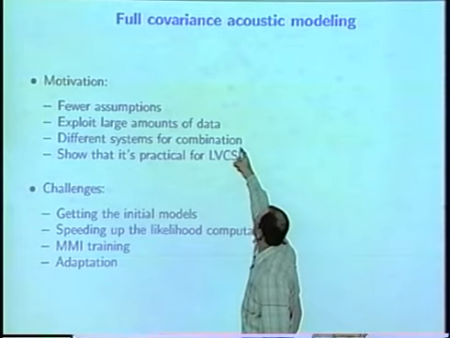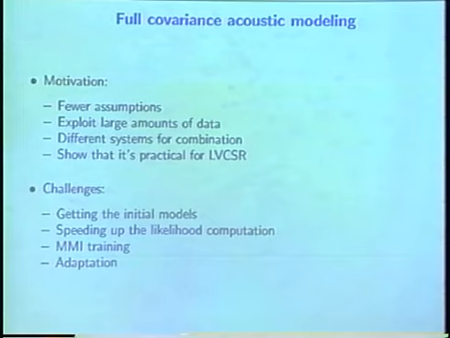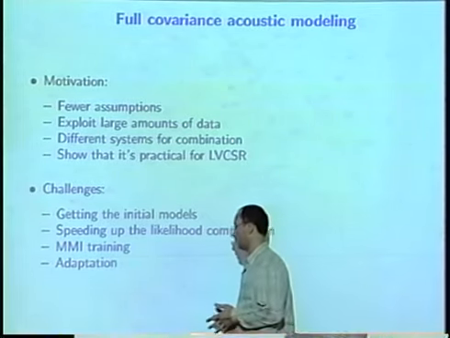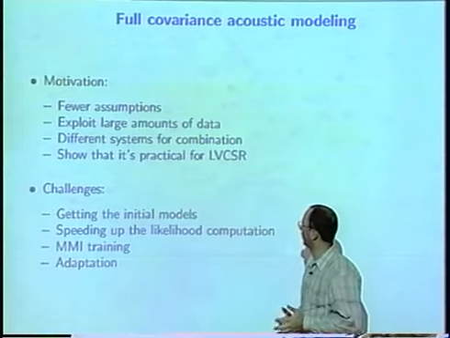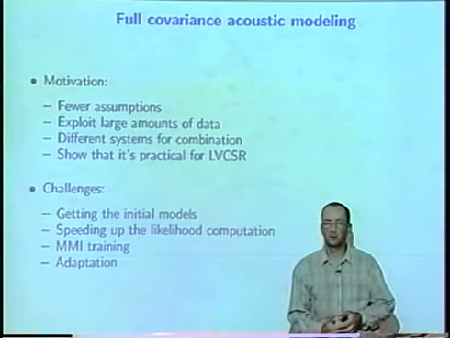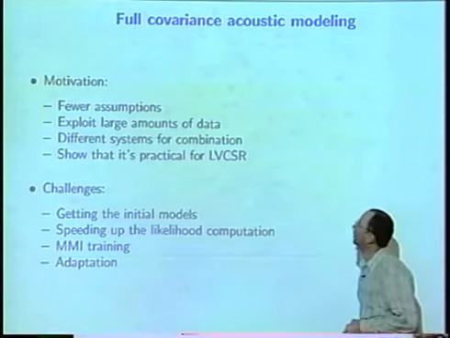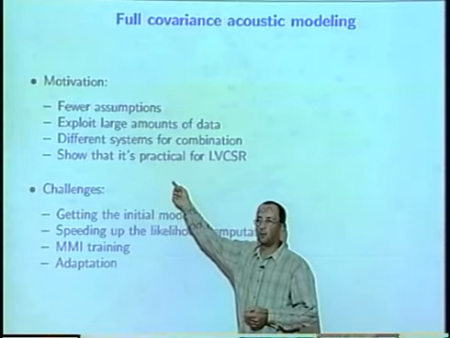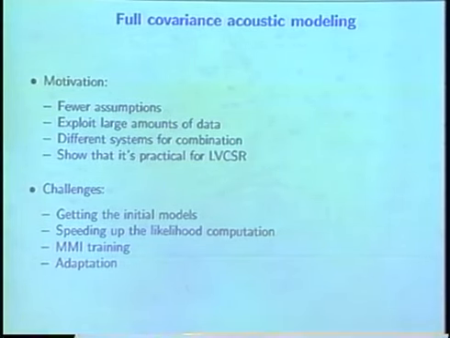The other reason that we had is, again, to improve performance. We wanted a system which committed different types of errors compared to our diagonal covariance system. So we thought that having a system where the output distributions are modeled by full covariance Gaussians will be complementary to a diagonal covariance system. And the fourth item, we just wanted to show that it's actually feasible, to dispel the myth that it's impossible to train such a system.